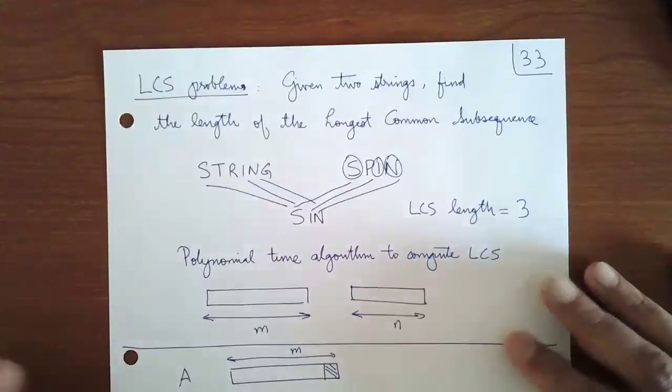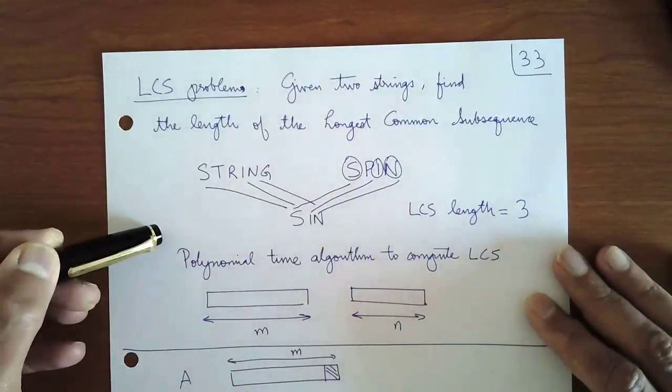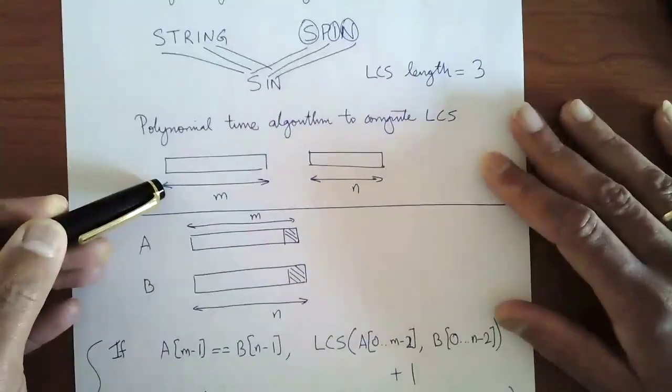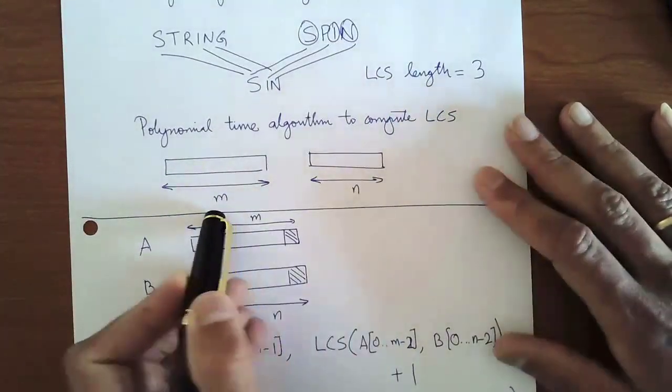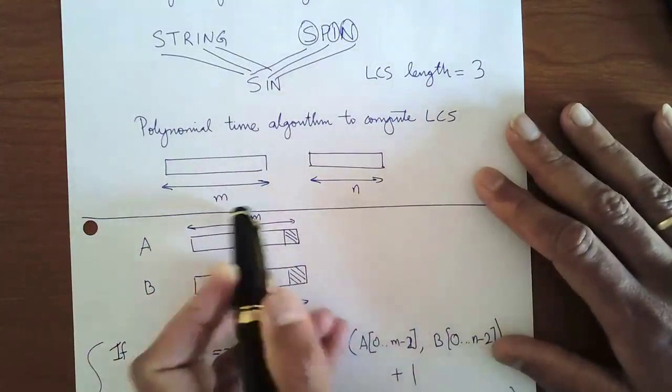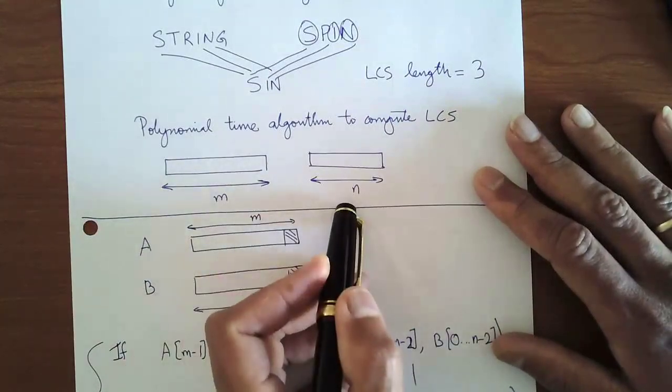Usually the problem is set up with 2 strings, one of length m and one of length n, and we'd like an algorithm whose running time is polynomial in m and n.